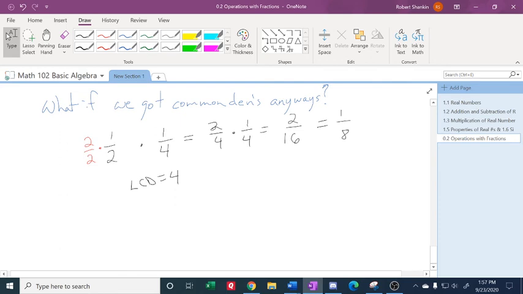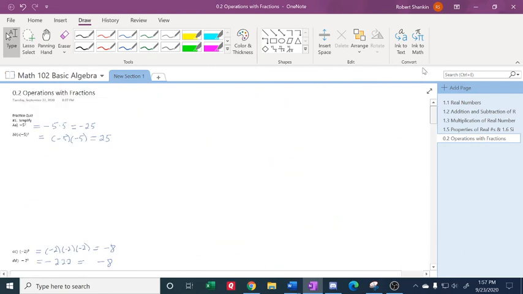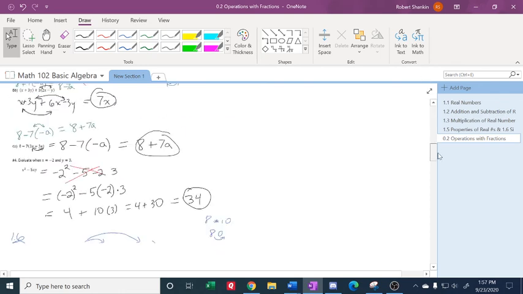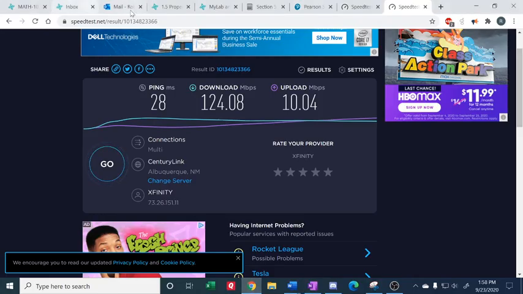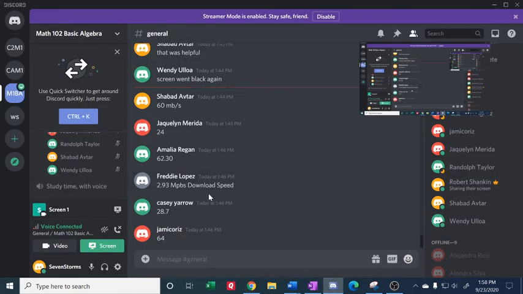All right. So in this section and on the worksheet, the homework in this section is going to be 0.2, because it's the name of the section, operations with fractions. There's a chapter 0 in the book. Okay, and the selected problems are there. And if you go in and look in the modules, let me just check back over here too, the different speeds.